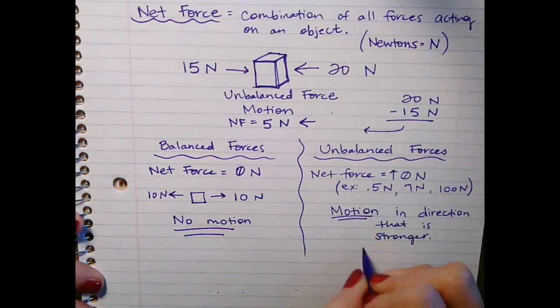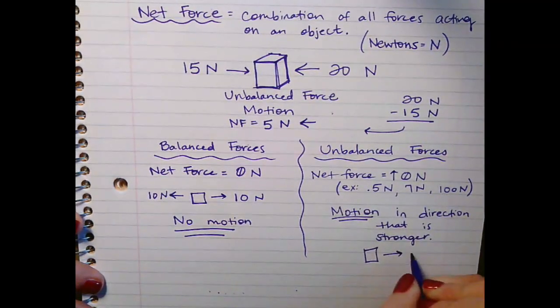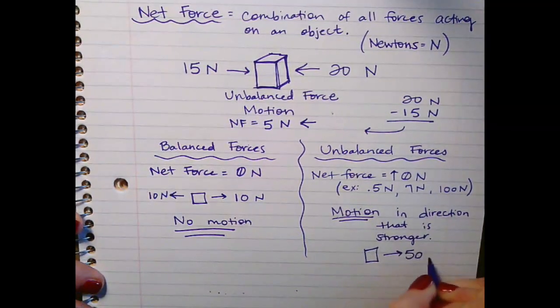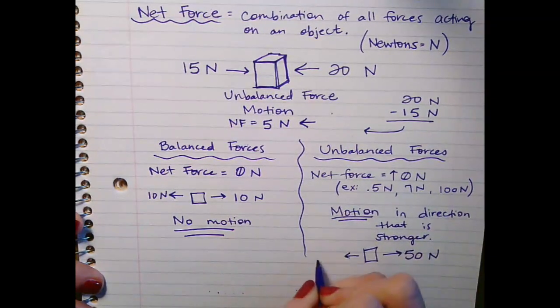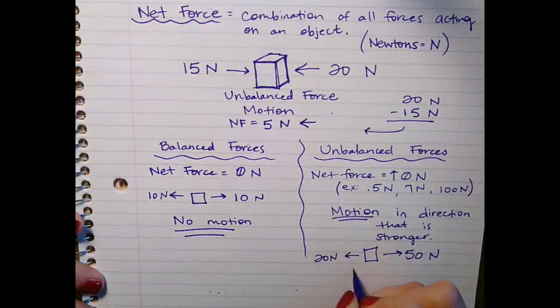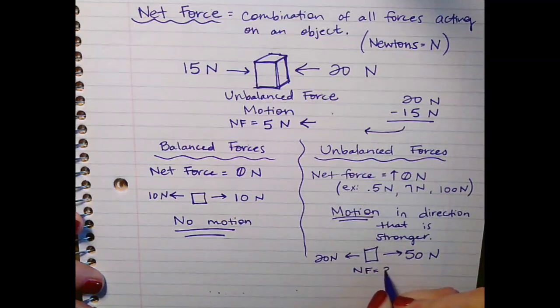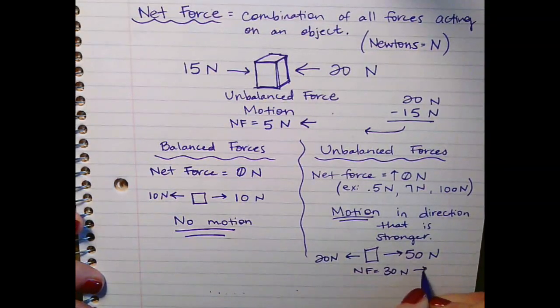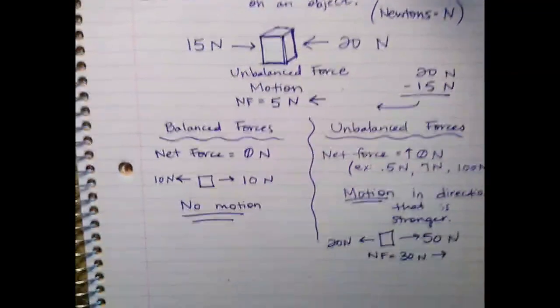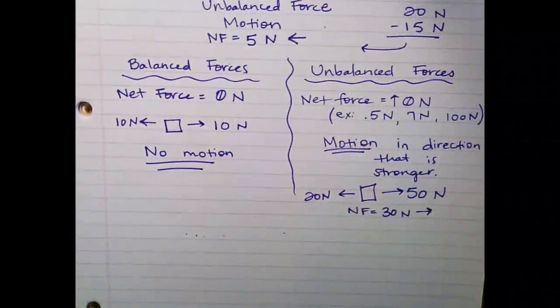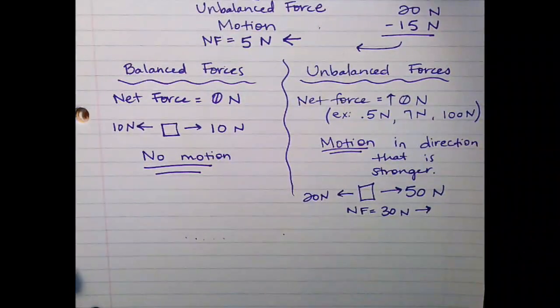Okay, so that would mean if I had 50 newtons versus only 20 newtons, then we would know that our net force would equal the 30 newtons to the right. So that would be what we would call unbalanced.